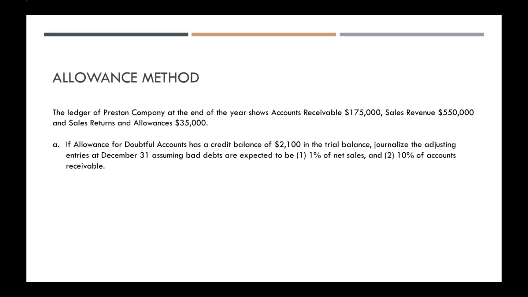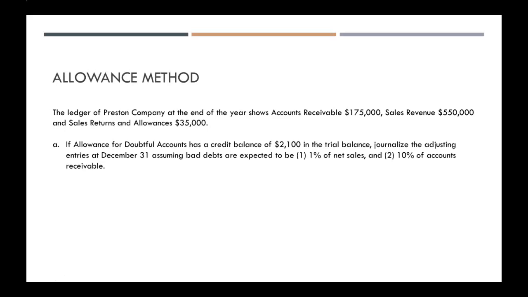Then, if allowance for doubtful accounts has a credit balance of $2,100 in the trial balance, we need to journalize the adjusting entries at December 31st, assuming bad debts are expected to be, first, 1% of net sales, and then we'll do this problem again under the percentage of receivables basis and say that our bad debts are expected to be 10% of accounts receivable.